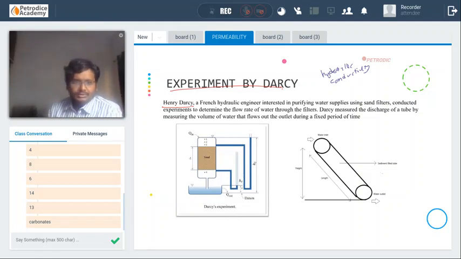So first the hint, we will start with the discovery of the permeability. So the rock property permeability, we can say it has been discovered by Darcy.